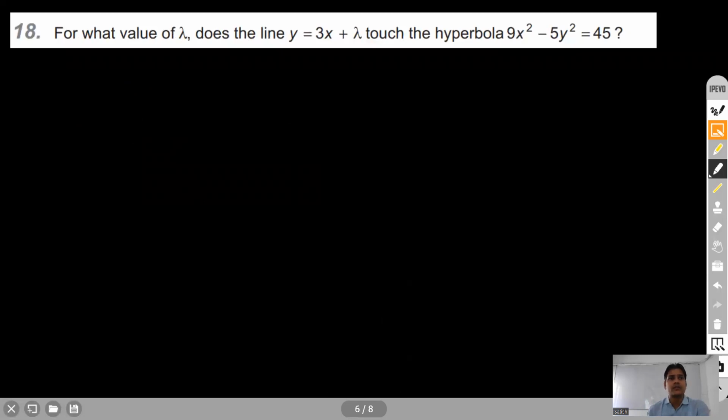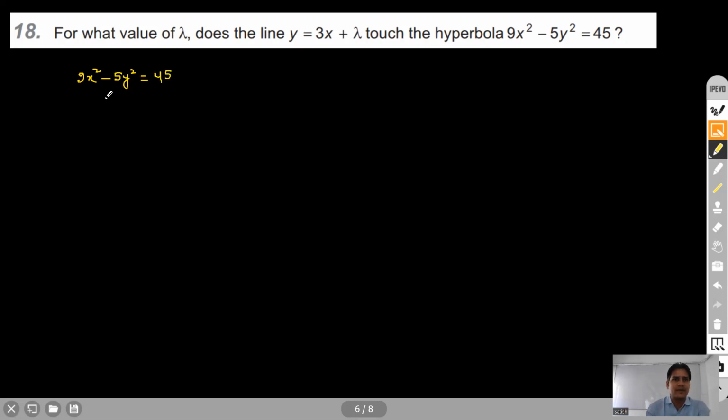Now, see this question. For what value of this lambda does the line y equal to 3x plus lambda touch the hyperbola 9x square minus 5y square is equal to 45? Okay. So this hyperbola is given as 9x square minus 5y square is equal to 45.